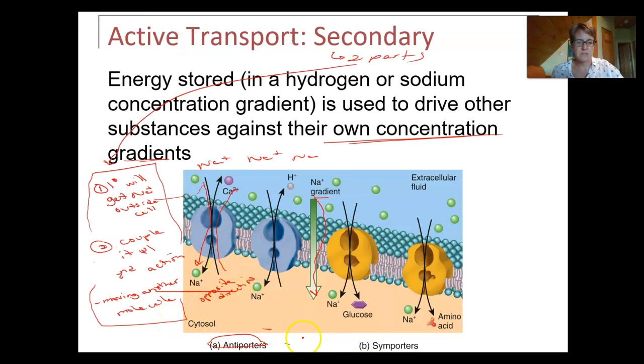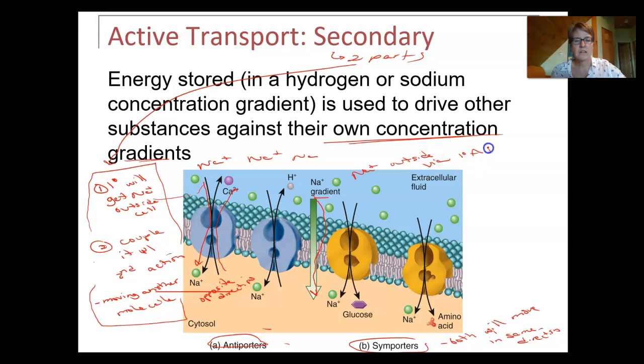The other type of secondary active transport is a symporter, and symporter means both will move in the same direction. So let's check this out. I have used the primary active transport and gotten sodium outside.